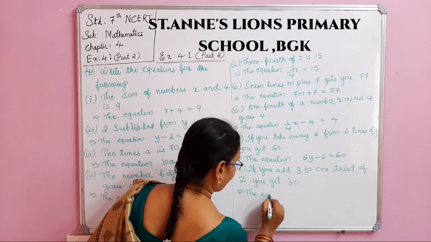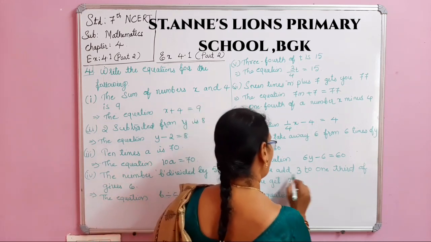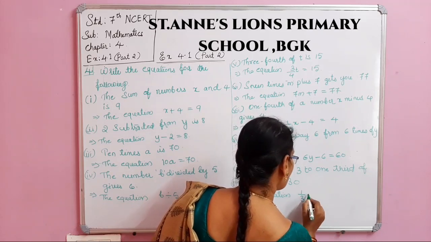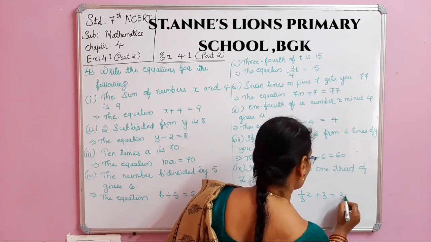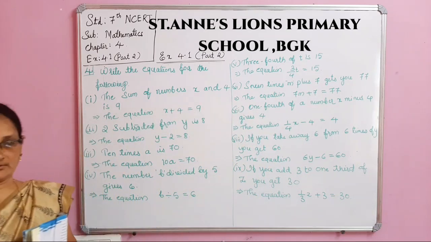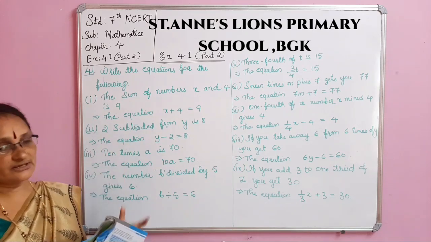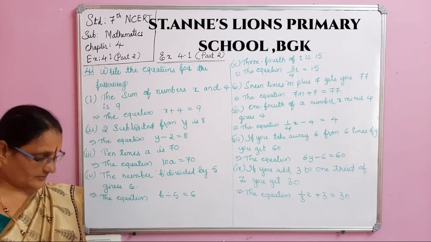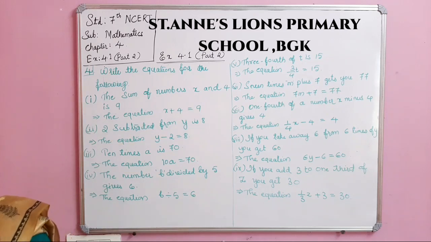The equation, if you add 3 to 1/3 of z, 1/3 of z plus 3 is equal to 30. So these all are the equations. Okay, the method of writing the equation I showed you already. This is a fourth main. Copy this. Next, fifth and sixth main I'll do.